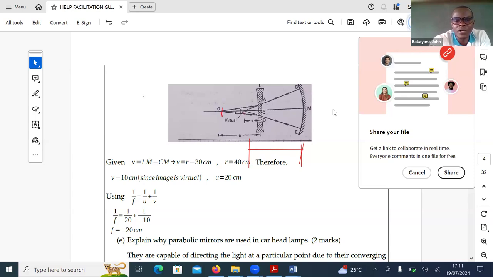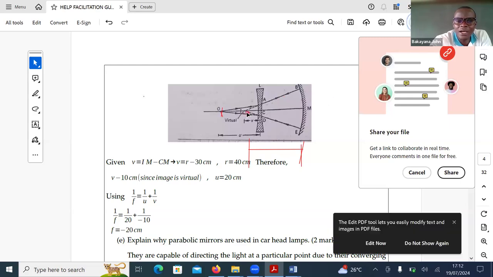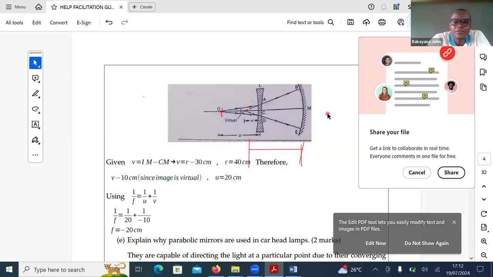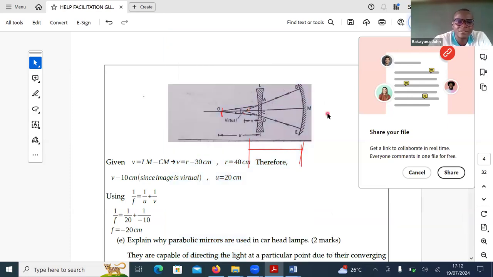So when we trace these rays backward, it meets the mirror at 90 degrees, meaning that we need to locate that in absence of the mirror, where would these rays meet? So where this ray would come on the principal axis in absence of the mirror, that would be the image that is formed by a concave lens.